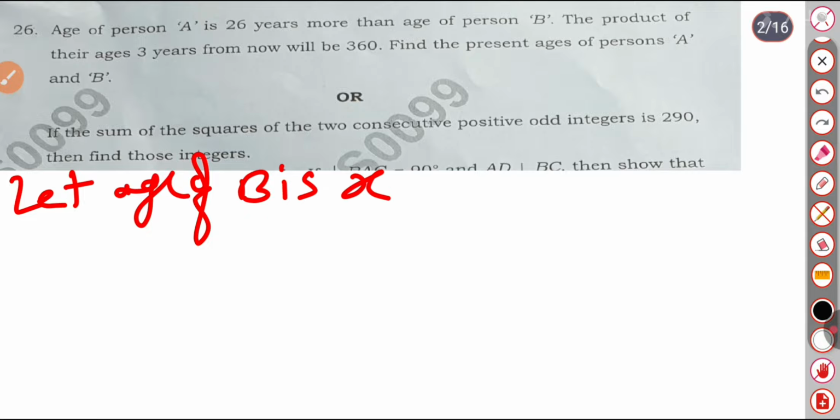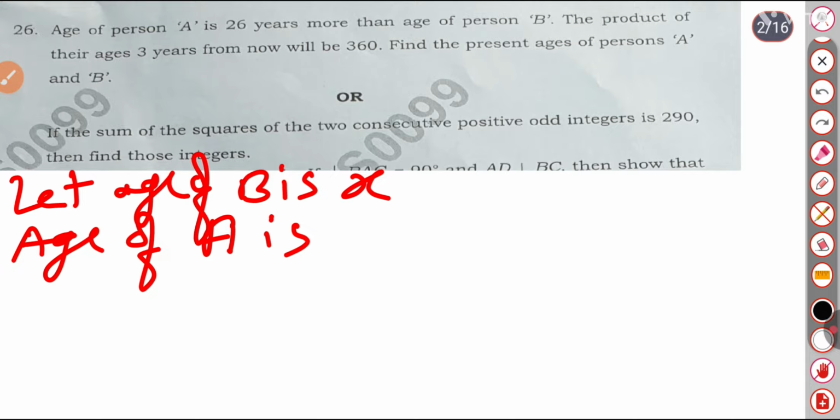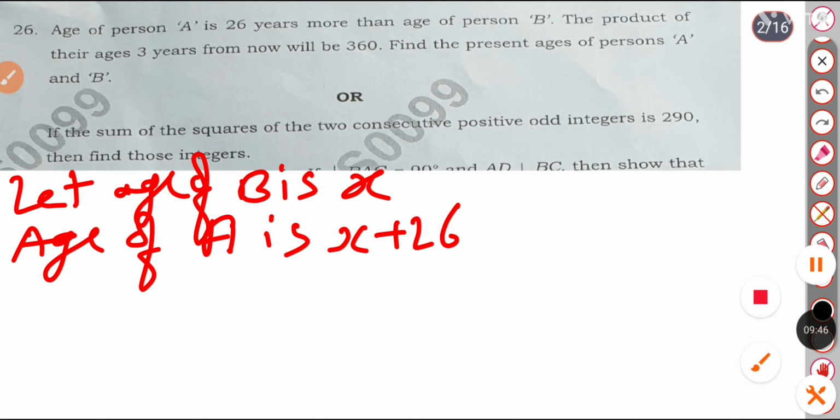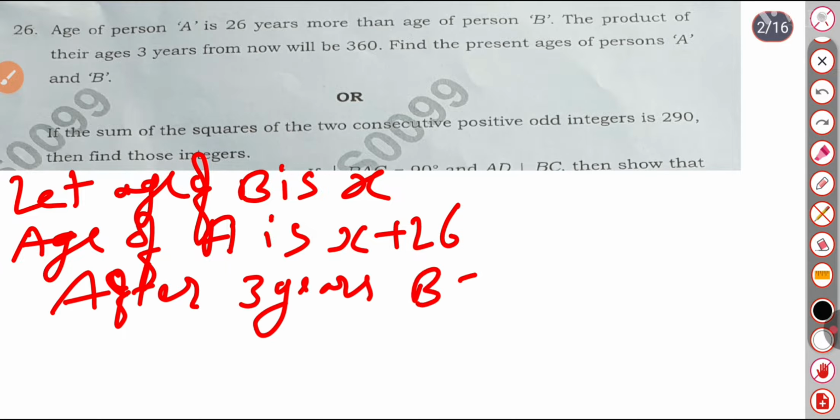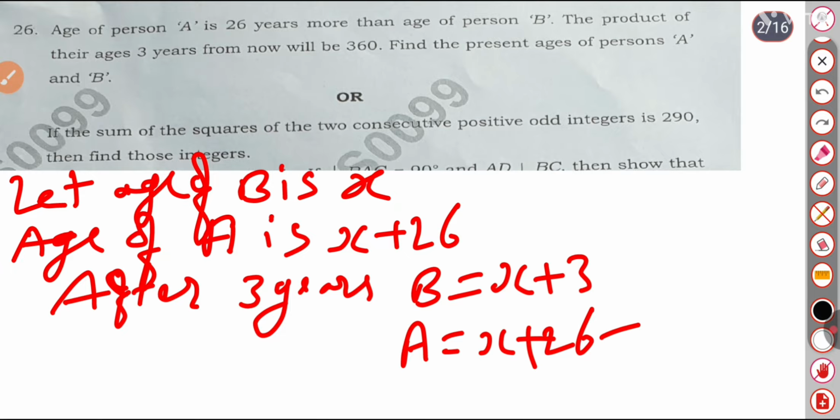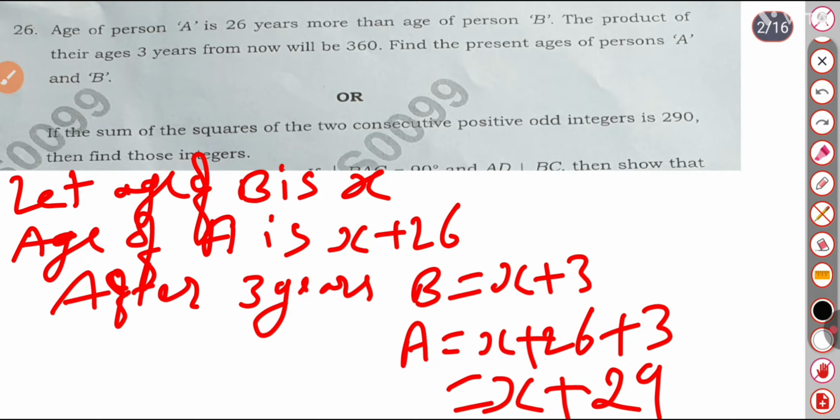Then what will be the age of A? The age of A is 26 years more, so x plus 26. After 3 years, the age of person B will be x plus 3, and A's age will be x plus 26 plus 3, which is x plus 29.